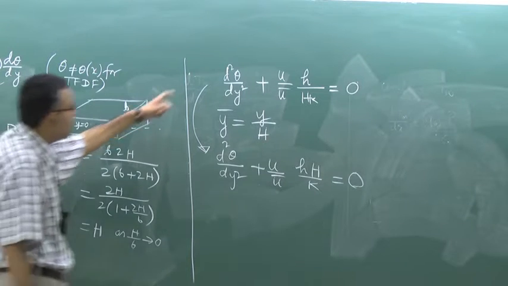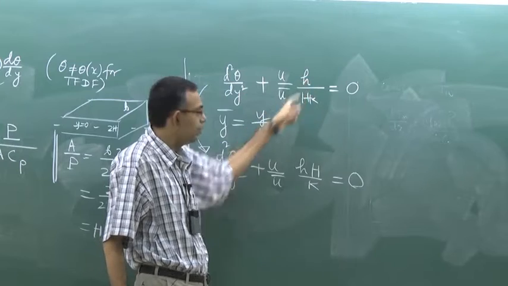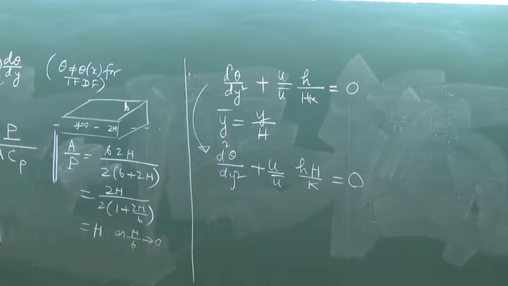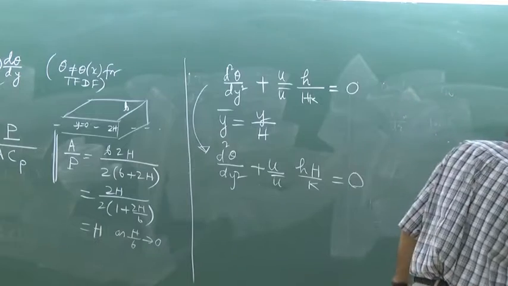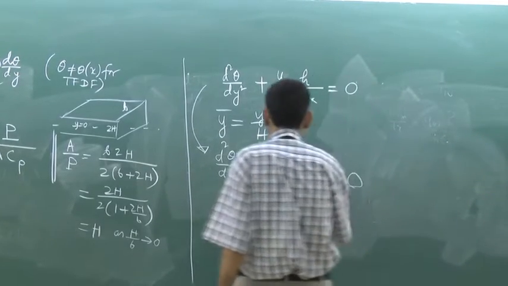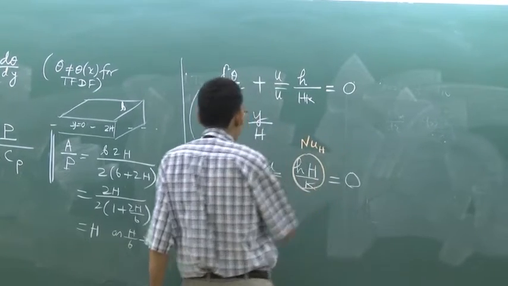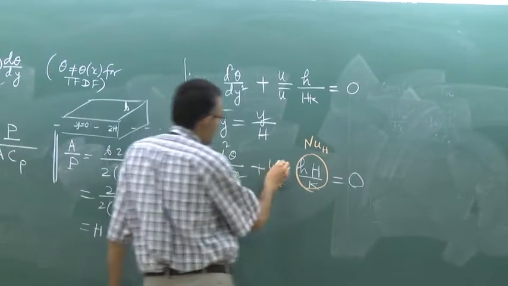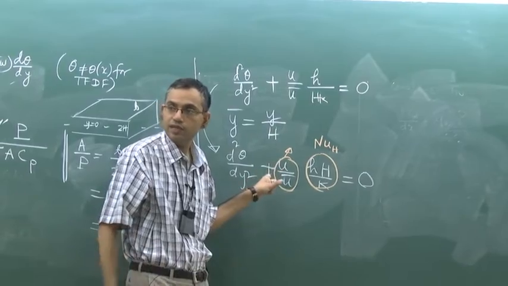There will be a 1 by h square here, and that h square coming here will make it h by k. So in a non-dimensional form this becomes what? This is the Nusselt number based on h. And what is this? This is the velocity profile. This is where fluid mechanics comes into the heat transfer calculation.